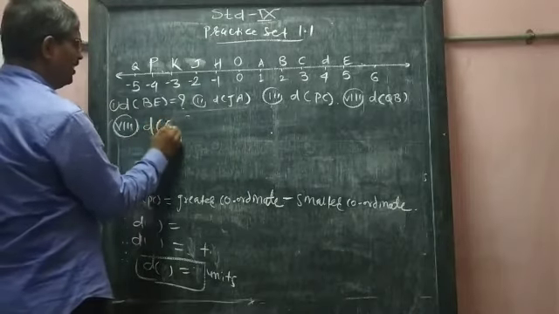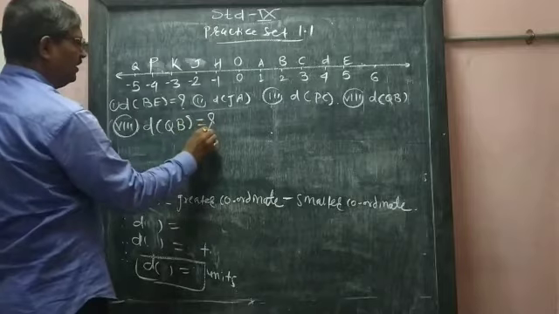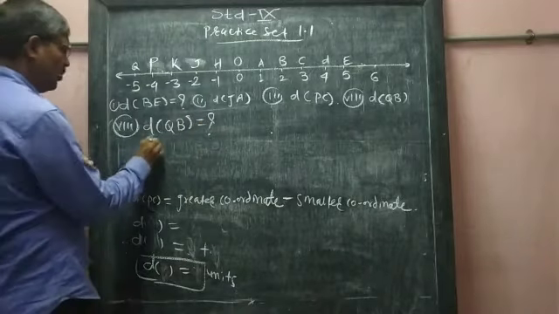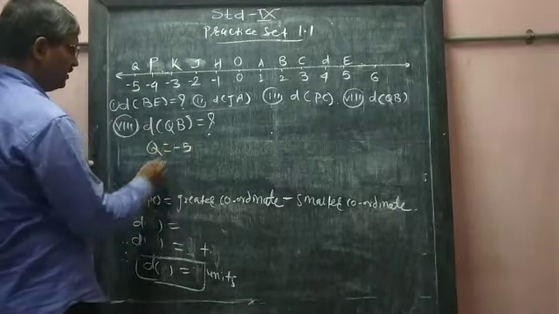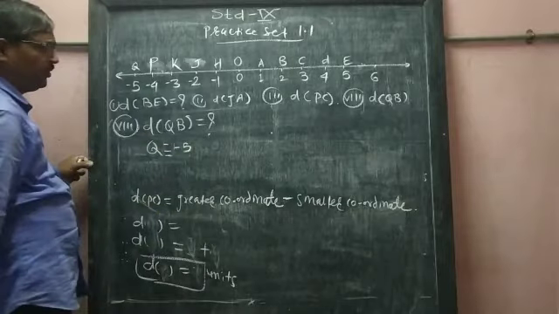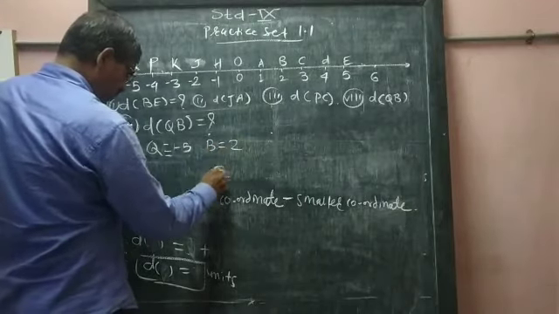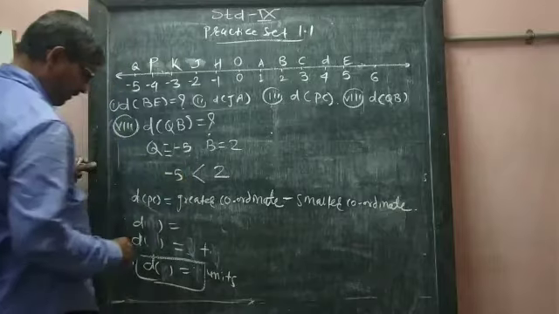You have to find the distance of QB. What is Q? The coordinate of Q is given as minus 5, and B is 2. Then 2 is greater than minus 5.